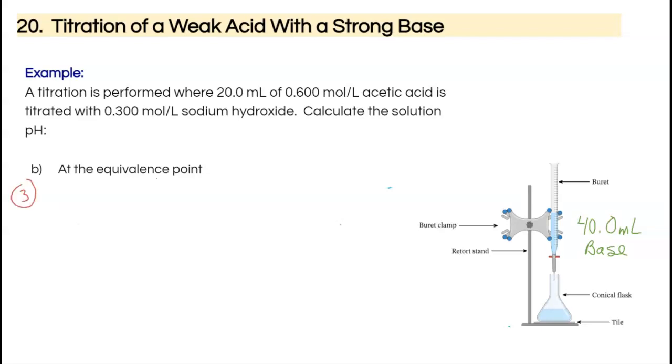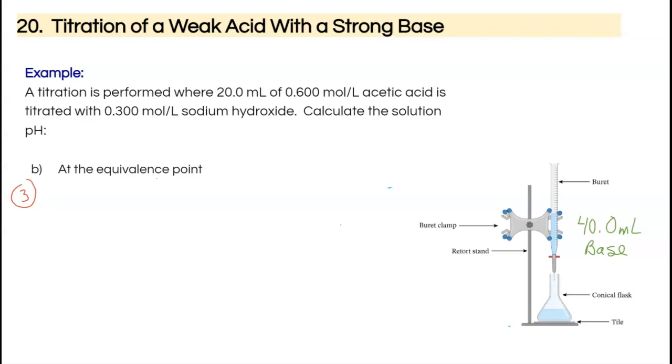Now, in the earlier part of my video, we talked qualitatively about the equivalence point and what's contributing to pH. At the equivalence point, we have neutralized all of the acid with the base, but we have the salt that is contributing to the pH.